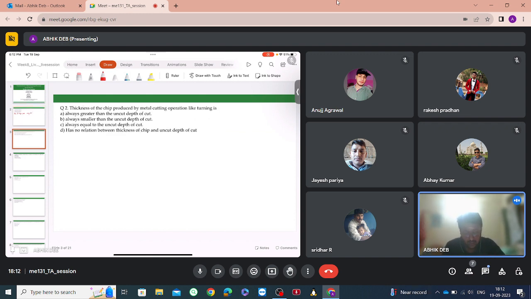The second question: the thickness of the chip produced by a metal cutting operation like turning is which of these? In relation to the uncut depth of cut, that is the uncut chip thickness, what is the relation of the thickness of the chip produced?